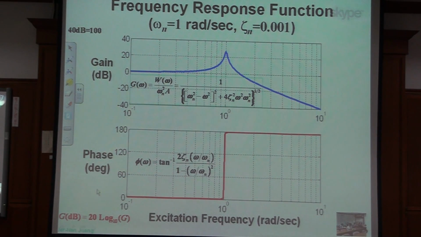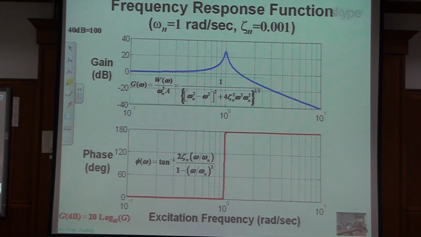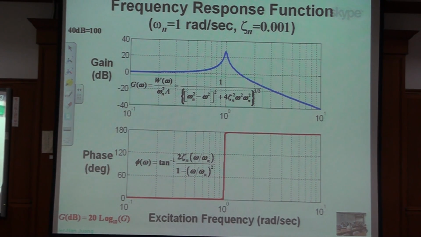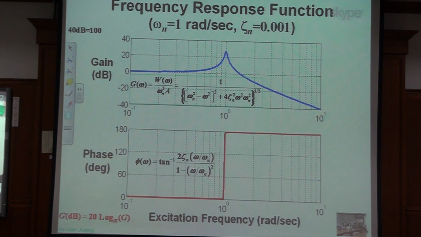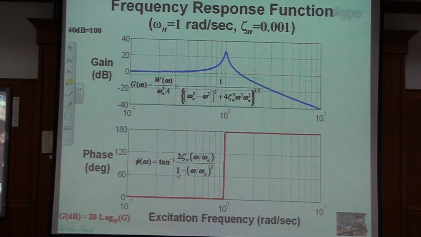Then this denominator is plus sign. Right? That's simple. If omega is less than omega n, the denominator is positive. If omega is larger than omega n, the denominator is negative. So we change because of the sign change of the denominator for omega.